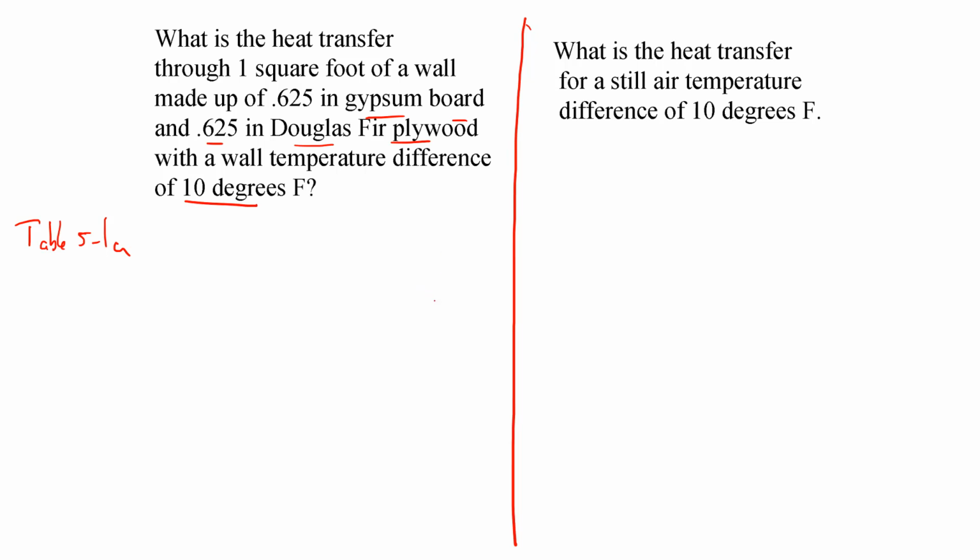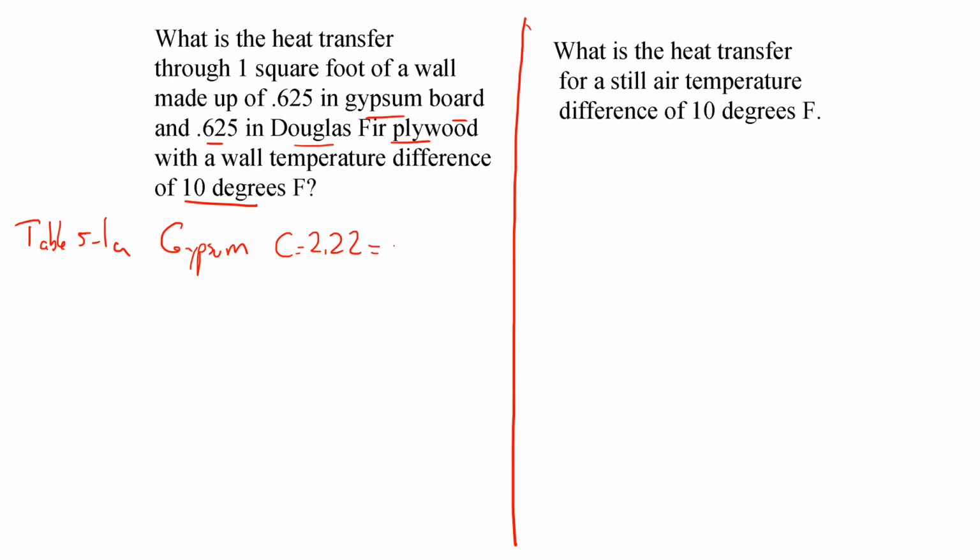Since 1/2 inch is the closest in thickness to 5/8, we're going to take the thermal property it gives us, which is the conductance. It gives it to us as 2.22 BTU per hour foot squared Fahrenheit.